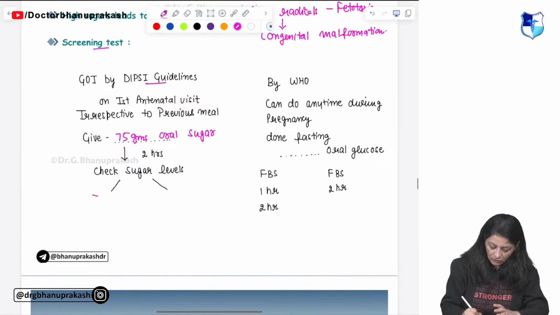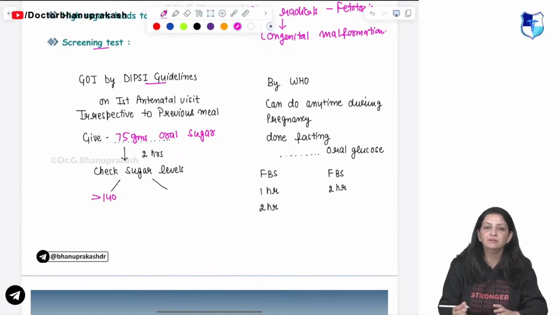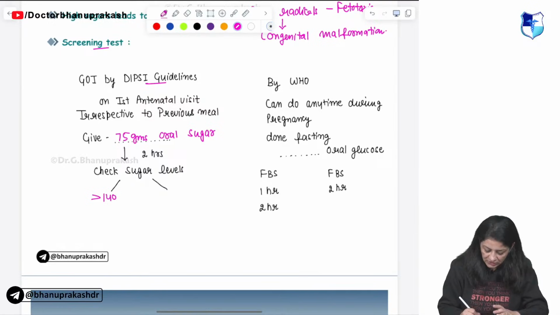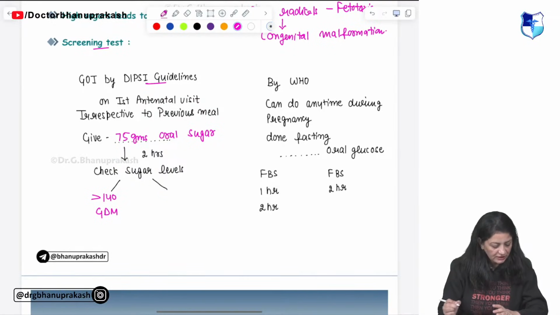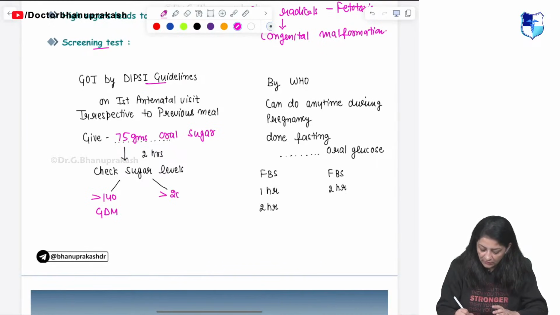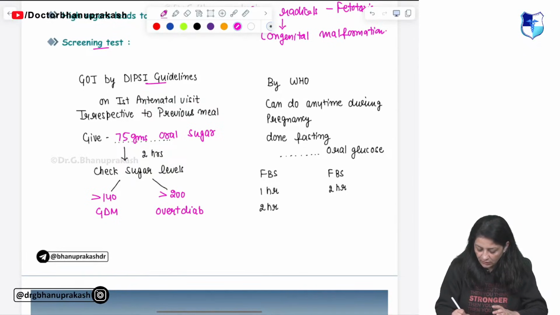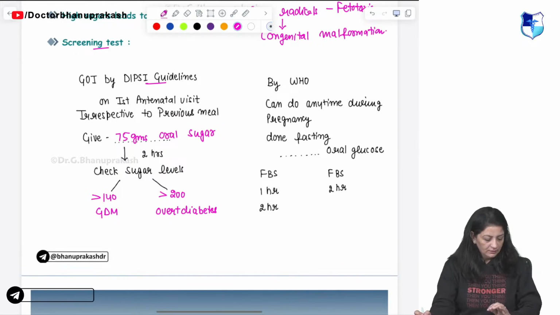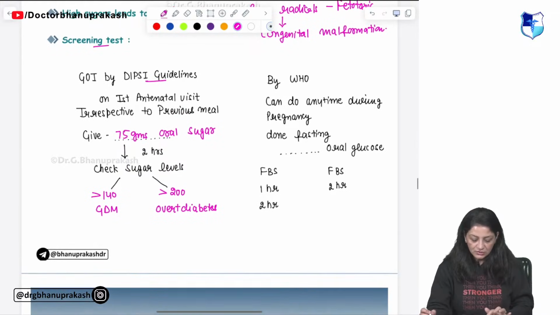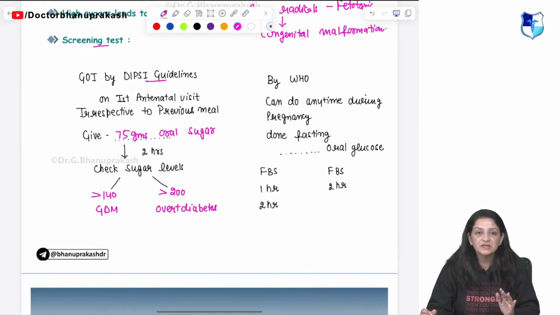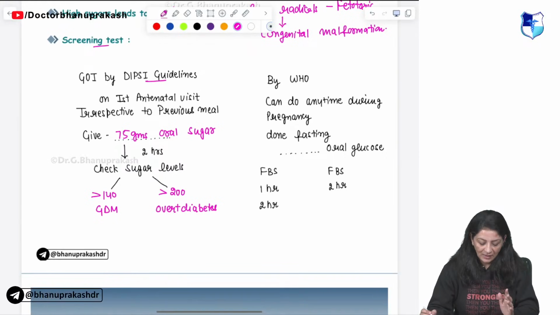If the levels are more than 140, it means this is a case of GDM. If the levels are more than 200, then this is a case of overt diabetes. So this is by DIPSI guidelines, Diabetes in Pregnancy Study Group of India.